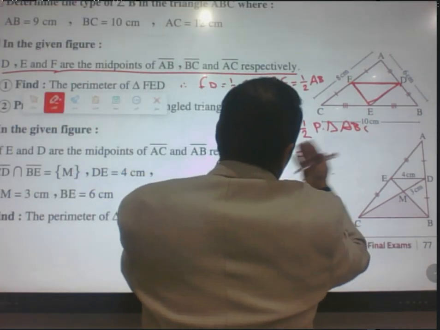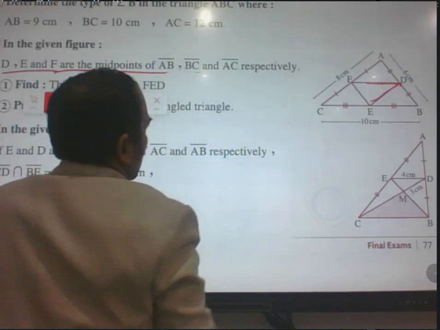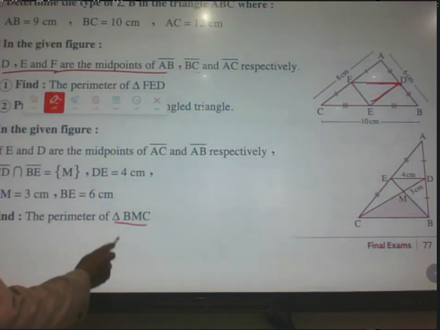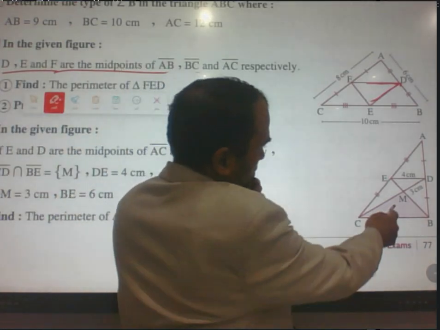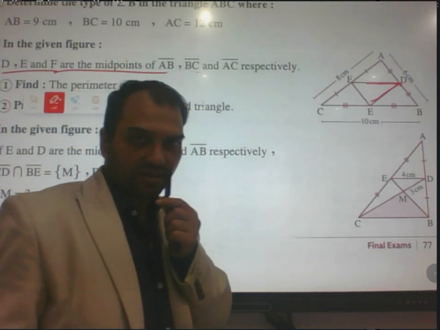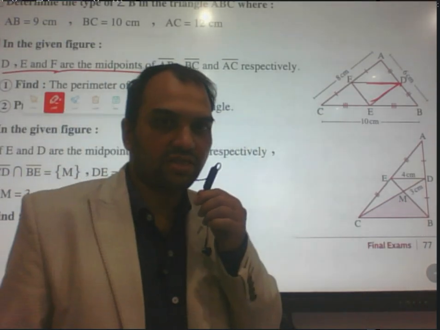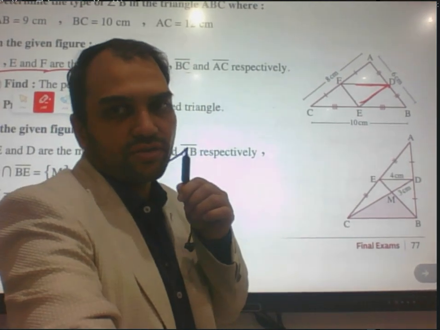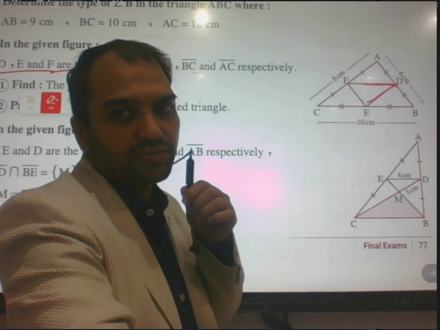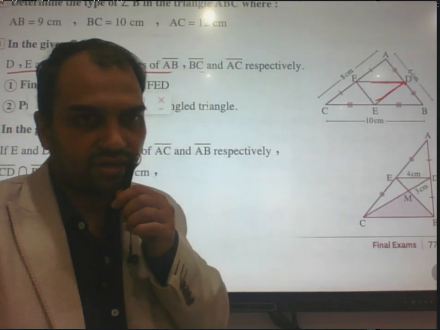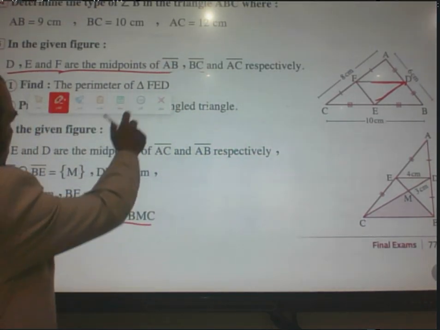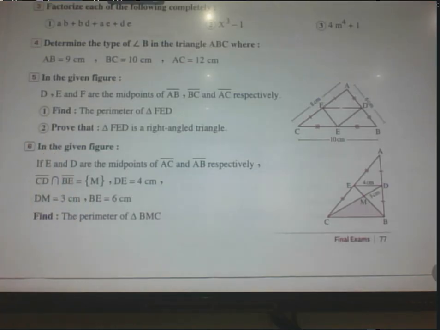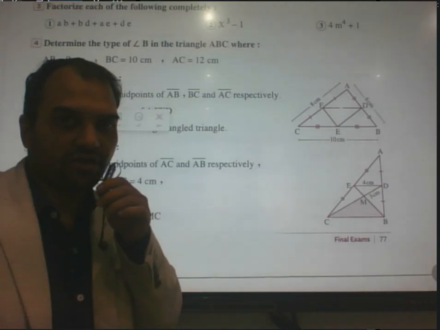Next question. We have triangles. You want also to find the perimeter of BMC. This is the one triangle. We can prove this example by proving that M here is the midpoint of this triangle. Okay, listen to me about the steps. You can see the example. I will prove, or find the perimeter about this triangle by this method.